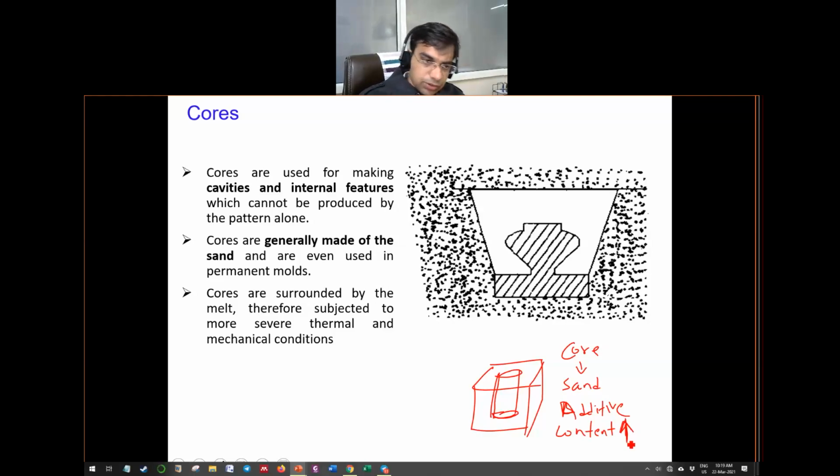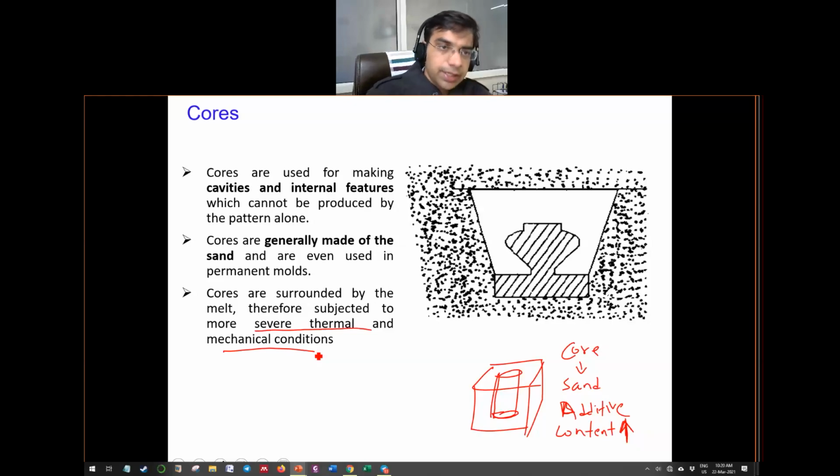Because the cores are subjected to more severe thermal conditions and mechanical conditions, because core is now getting surrounded by the molten material on all the sides. So in order to get that type of property so that it is able to hold the shape even when surrounded by molten material on all sides, core has to have very high properties compared to the molding sand.